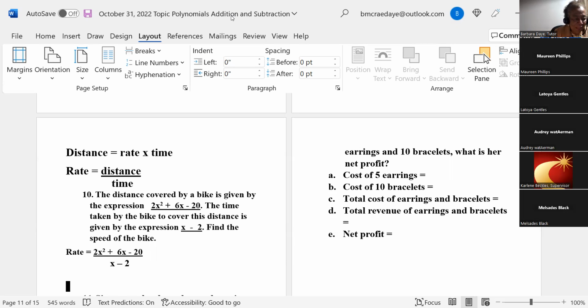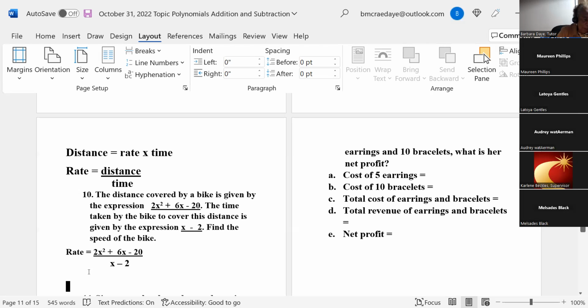Well, I want you to think factoring. What can you factor out of this numerator right here? What number do you see that divides into the 2, the 6, and the 20?